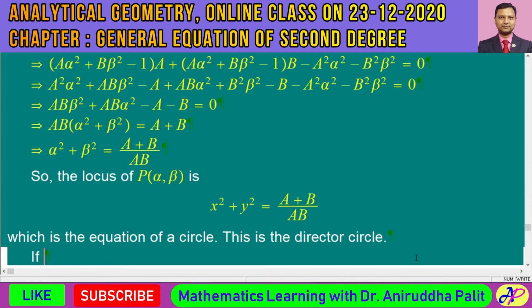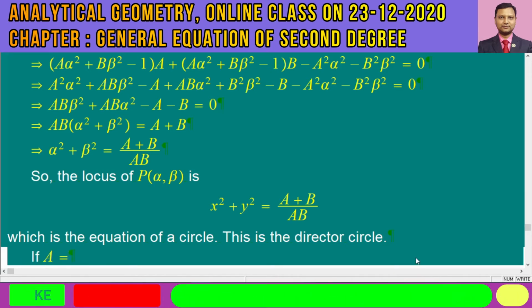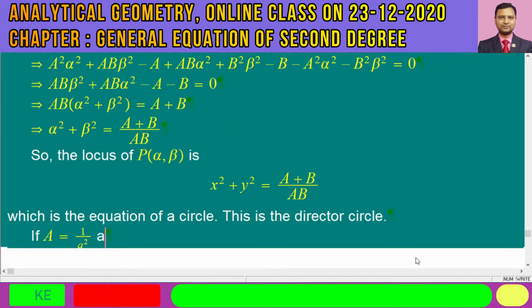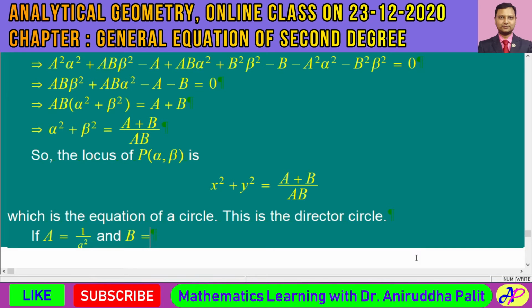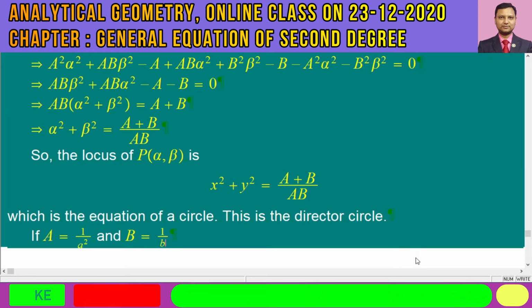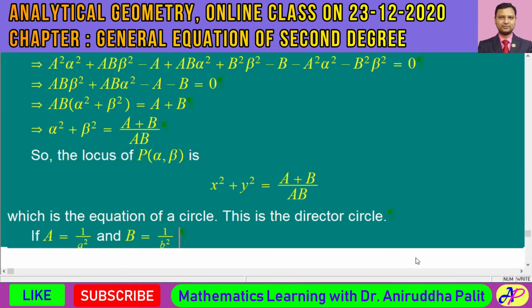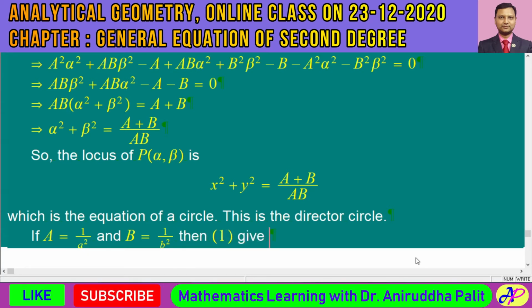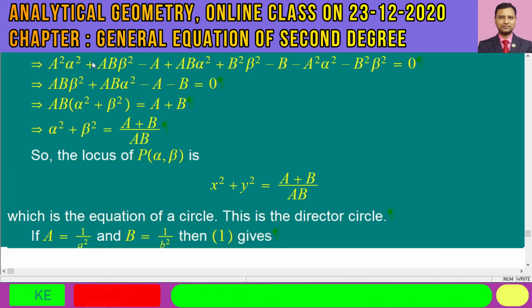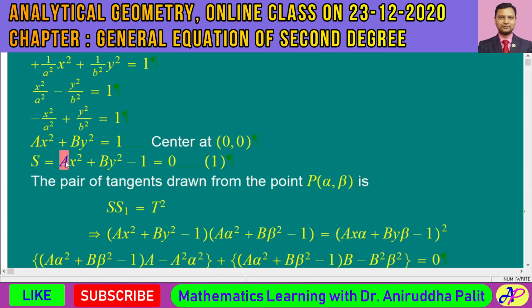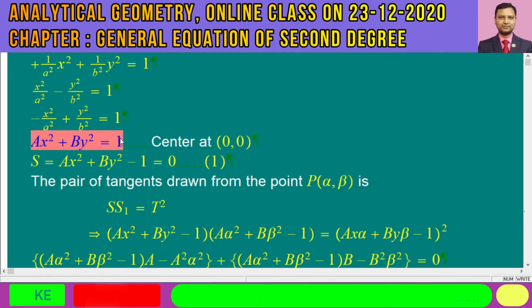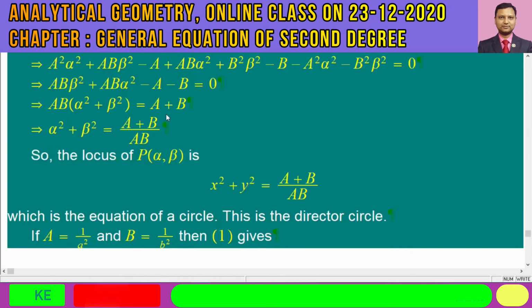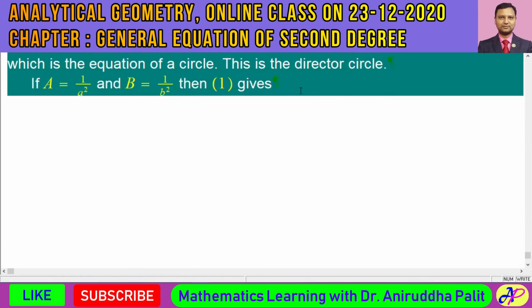If capital A is equal to 1 by a square, and capital B is equal to 1 by b square, then equation 1 will be converted into this kind of equation of an ellipse.